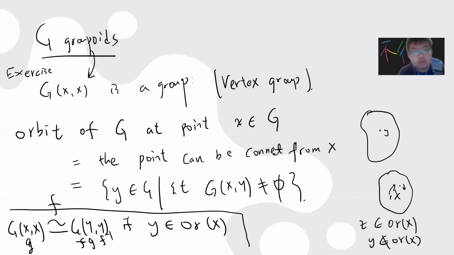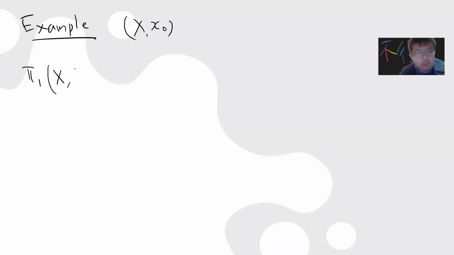Okay, so now we have already introduced groupoids. So let's work out the main example in algebraic geometry and topology. If somebody gives you a topological space and a point x0, you can always define the so-called fundamental group.